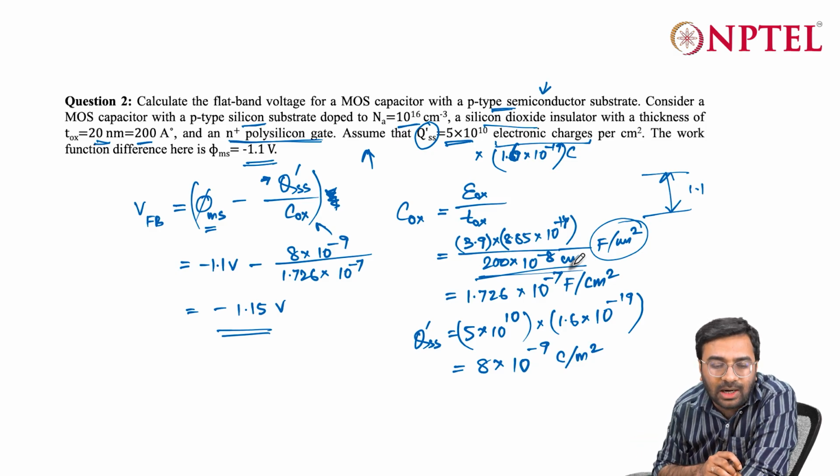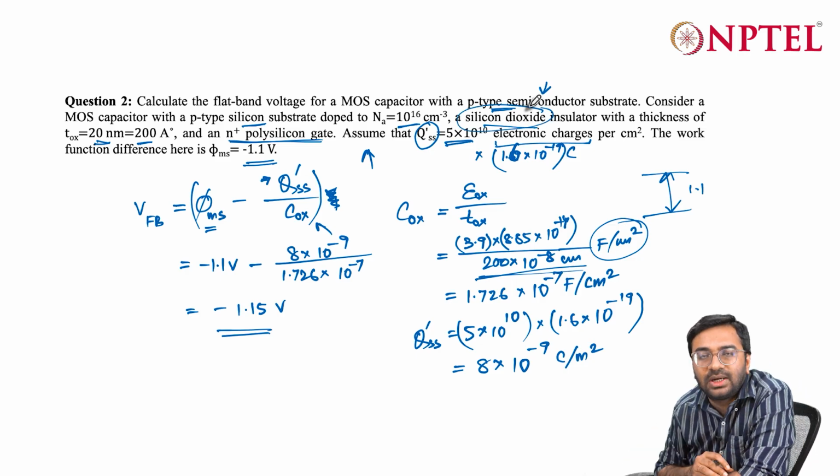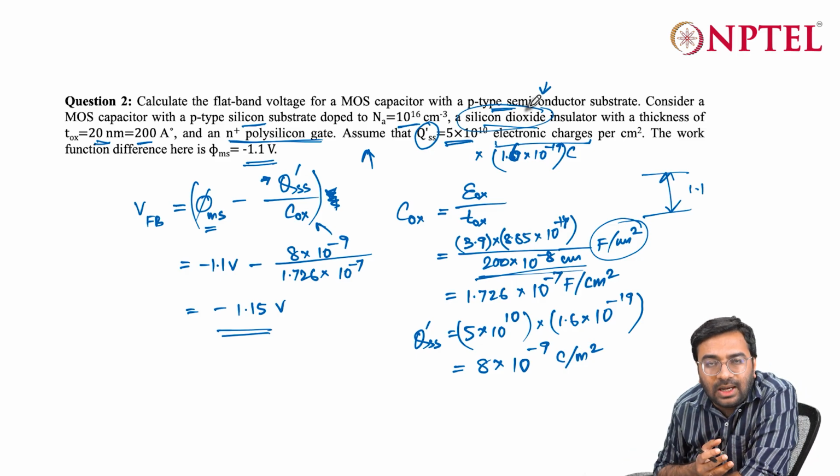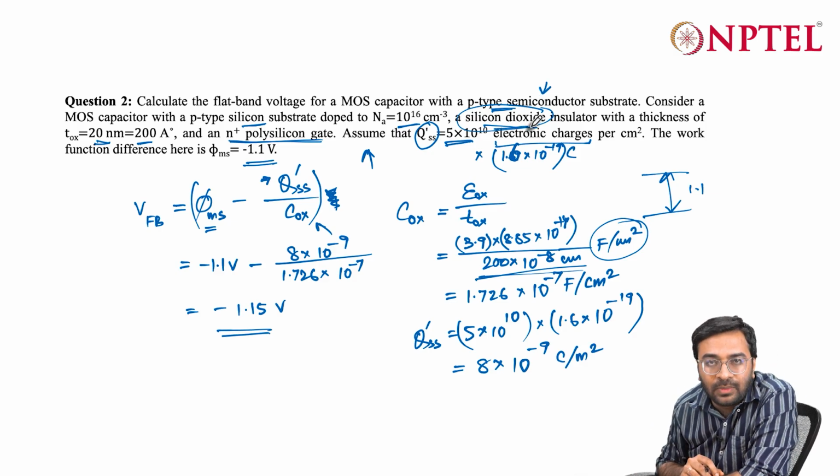So, you have to be a little smart also in this case, but nevertheless, I would recommend that you go through the physics, you go through the equations, keep some of the values in your mind. For example, here we have used the epsilon value of silicon dioxide as 3.9, because we know that, and it is also not given over here. And as I mentioned before, some of the parameters may not be available in the question. So, you can't write that information is insufficient, because information is given, it is a silicon dioxide insulator.